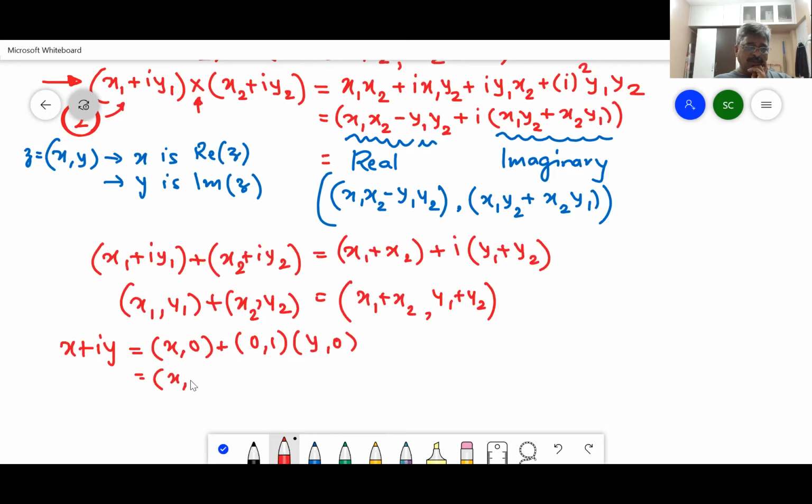This is x comma 0 plus, now using the definition of ordered pairs, x1 x2 minus y1 y2, and x1 y2 plus x2 y1, which is equal to x comma 0 plus 0 comma y. Done. x plus iy is equal to x comma y.